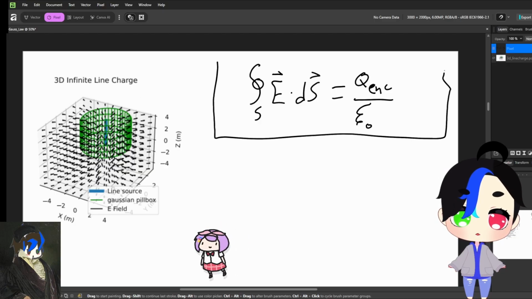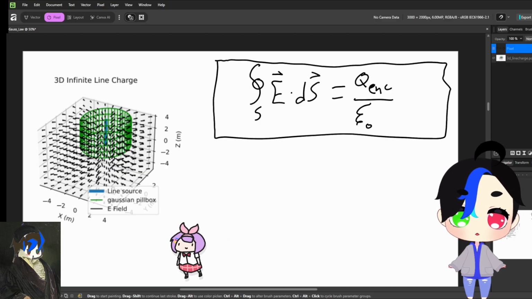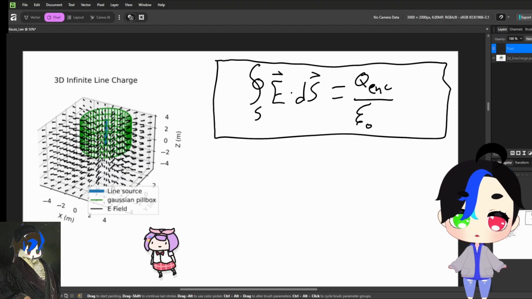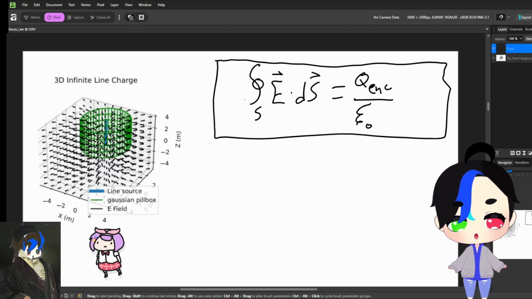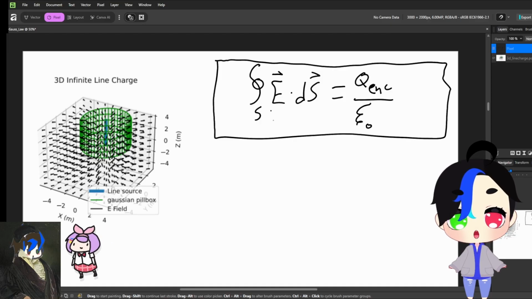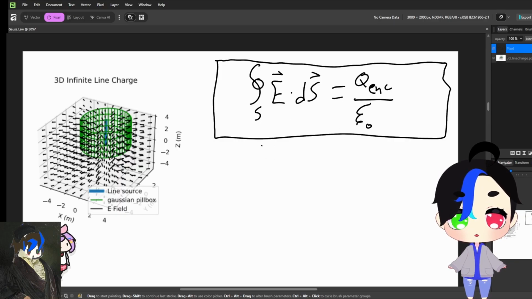And this is a very powerful fact, because as you'll see in a bit, this exploits the symmetry of the problem, and you end up not having to do this integral a lot of the time. This fact is so powerful, we gave it a name. And we named it Gauss's law.